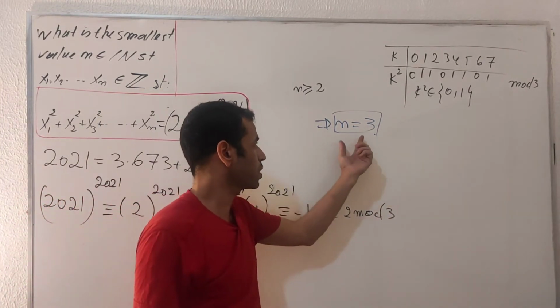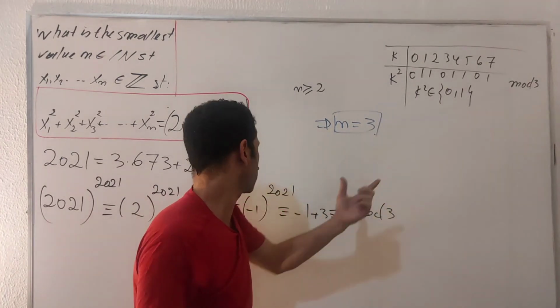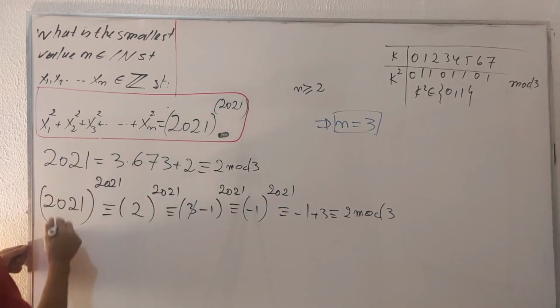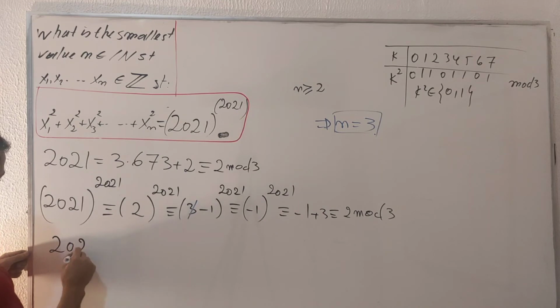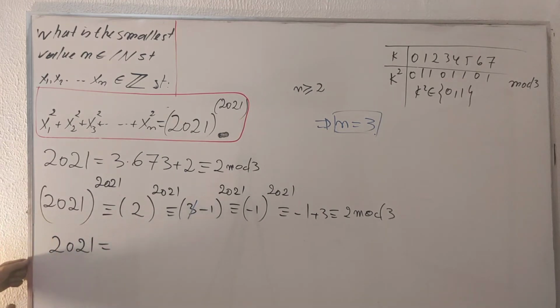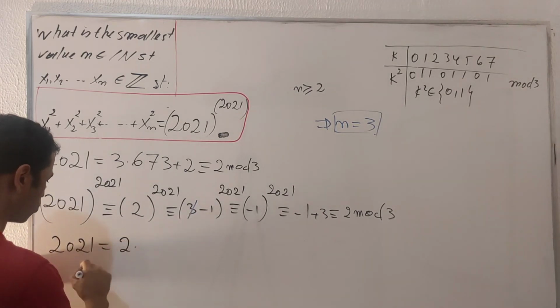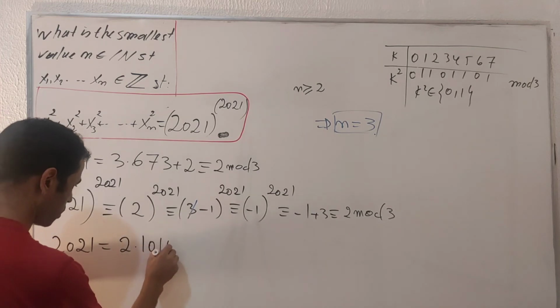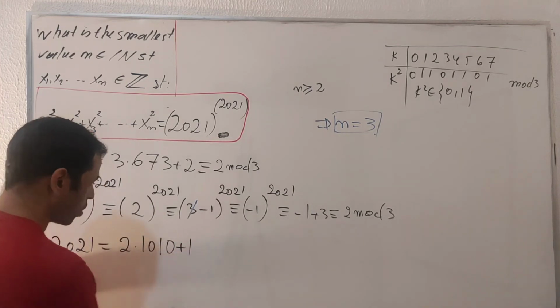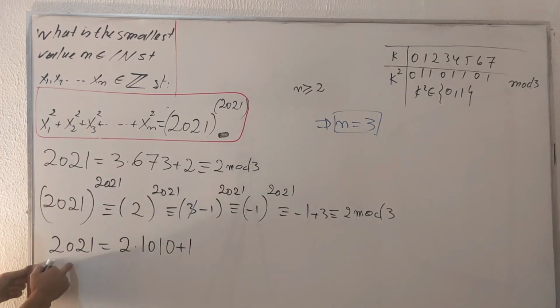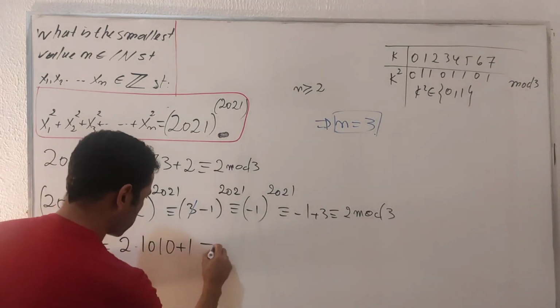So since I get n equals 3, let's express this one here. I'm going to change the form now. So I have 2021, which equals 2 multiplied by 1010 plus number 1. Let's put this on the form of the exponent.